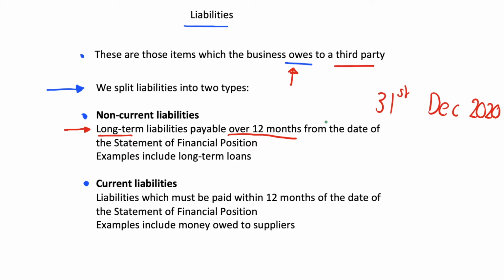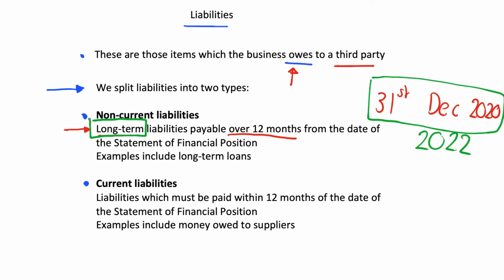For example, a loan that has to be paid off in 2022 obviously has to be paid off more than 12 months from the date of the statement of financial position, so it will become a non-current liability because we classify this as a long-term loan. This is why in this example section we have long-term loans.